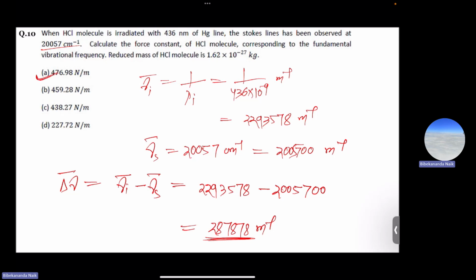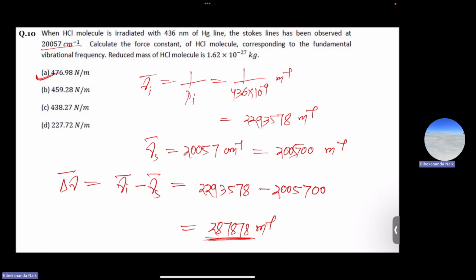476.98 Newton per meter. So this question was about finding out the value of force constant of HCl molecule. The molecule was irradiated with radiation of wavelength 436 nanometer of mercury line. So corresponding to that particular wavelength, we first calculated the wave number.